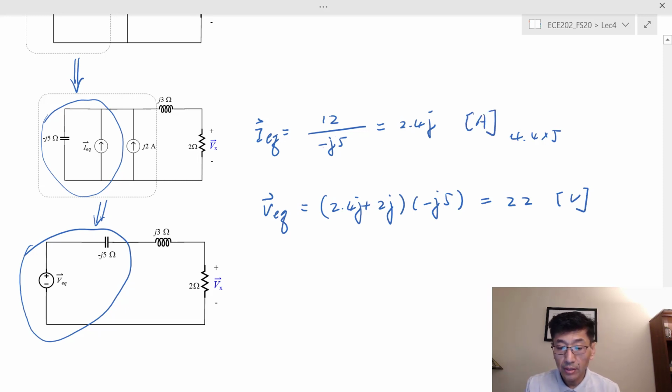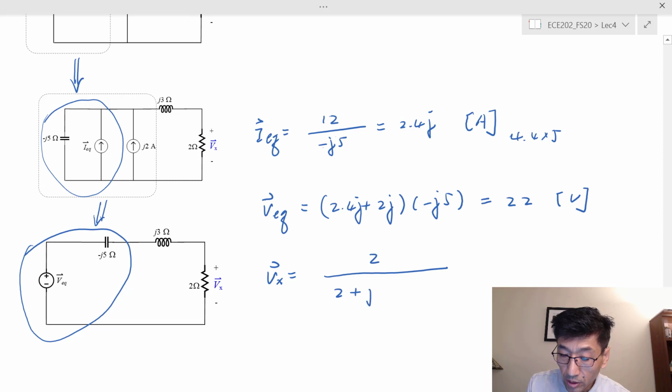And in this case, now I can solve the circuit by doing the voltage division. So 2 over 2 plus j3 plus minus j5 times 22. And this will give us the same solution we had.